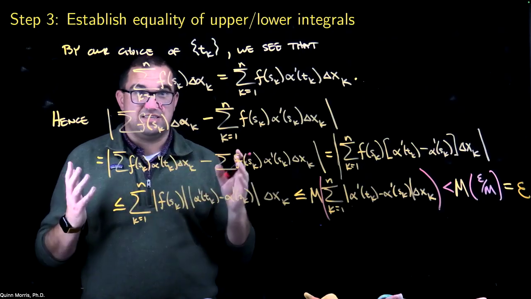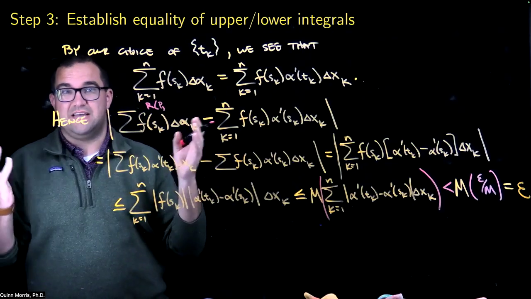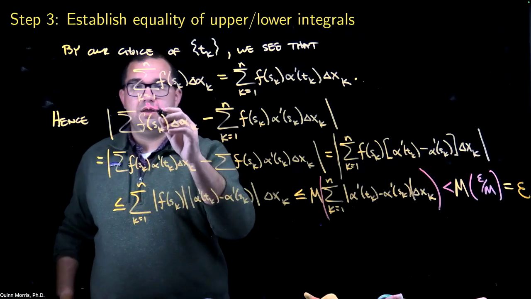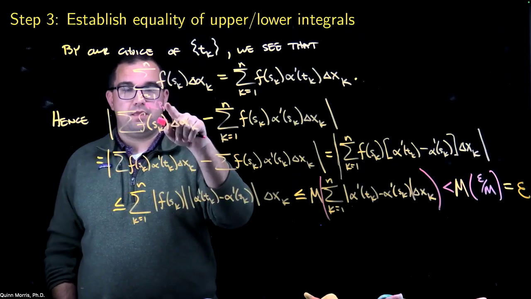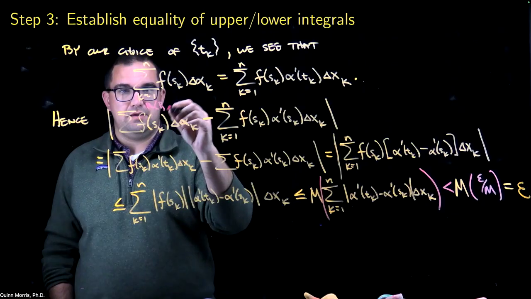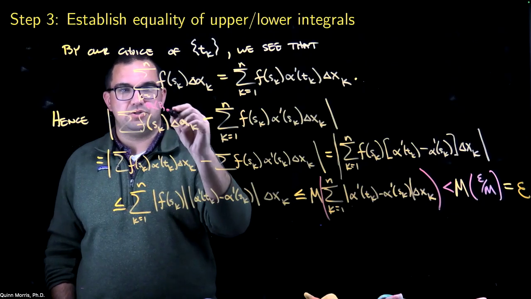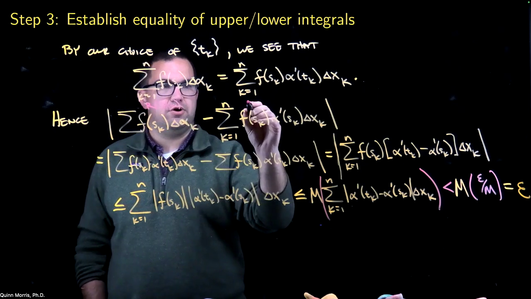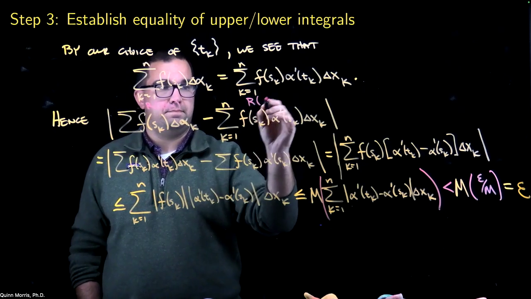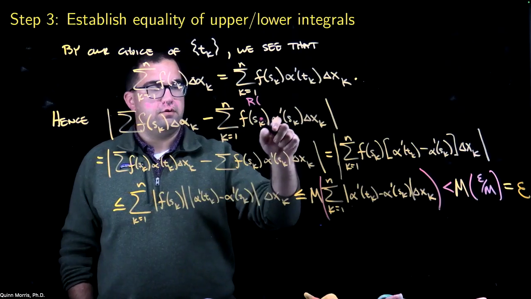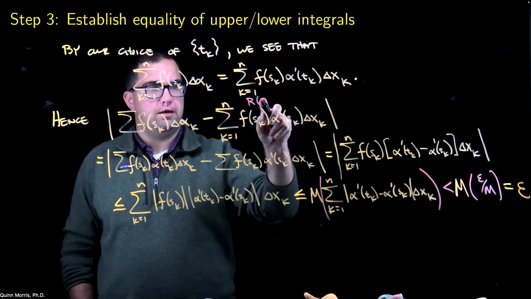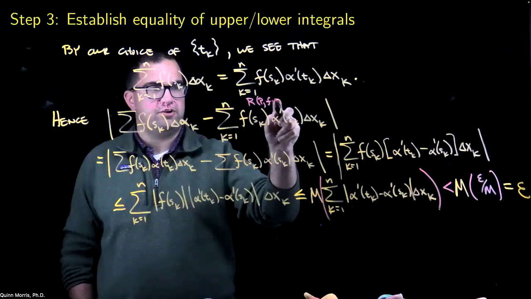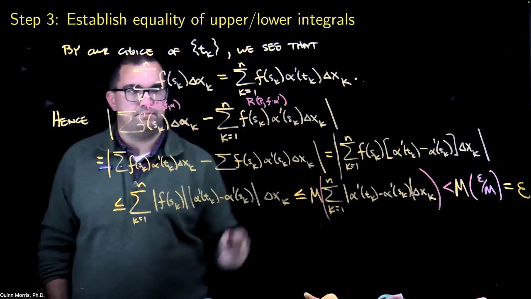But remember, the set of tags SK was just any set of tags. Okay. So any Riemann-Stieltjes sum over the partition P of F with respect to alpha. This sitting here is a Riemann sum over the partition P of F times alpha prime.